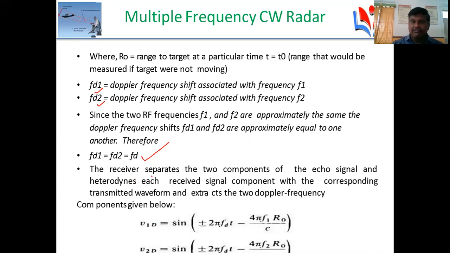The receiver separates the two components of each signal and heterodynes each received signal component with the corresponding transmitted waveform, and extracts the Doppler frequency components, given by this. This is due to the first one.